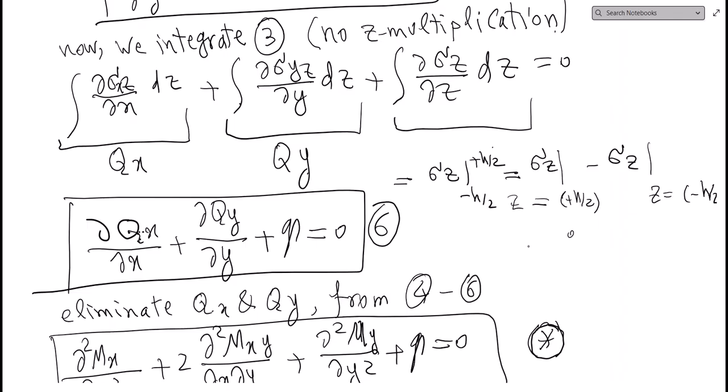Because we have z direction, this is the thickness, this is our origin, z is downward, here is minus h over 2, here is h over 2 plus. So this is at h over 2, so this is at the bottom, the upper limit of the integral is at the bottom, and this is at the top surface.